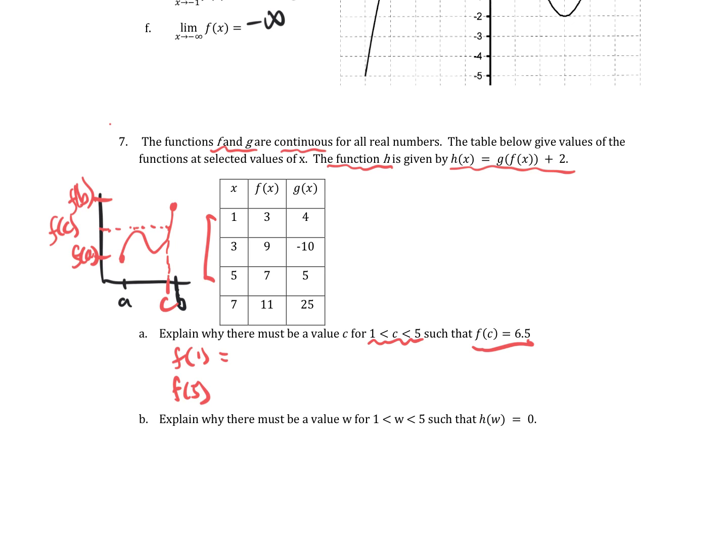F of 1 is 3 according to the table. F of 5 is 7 according to the table. Is 6.5 between 3 and 7? Yes, it is.